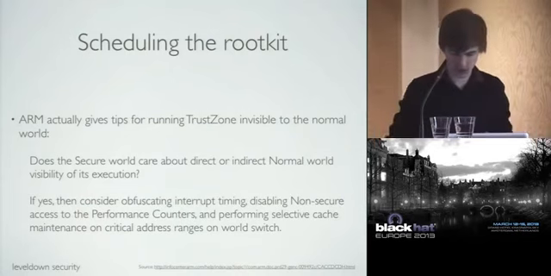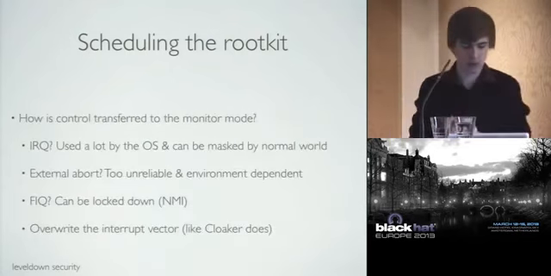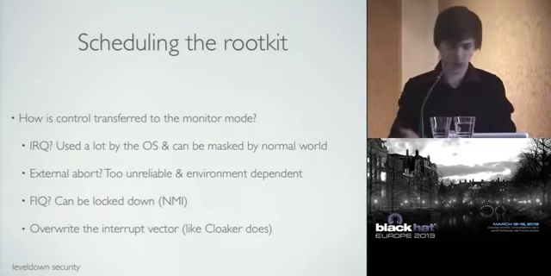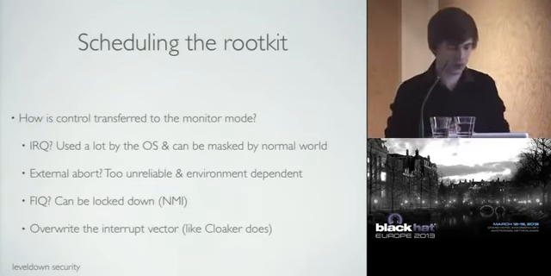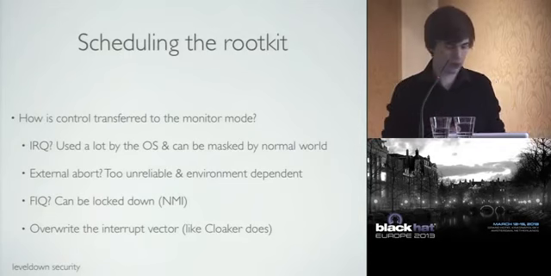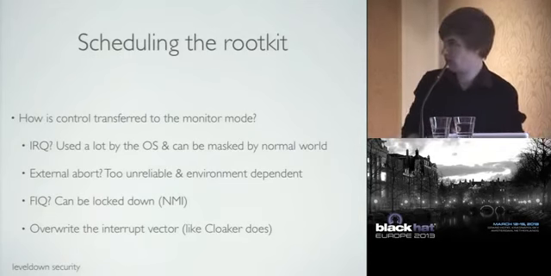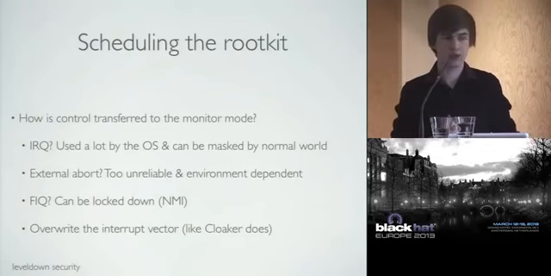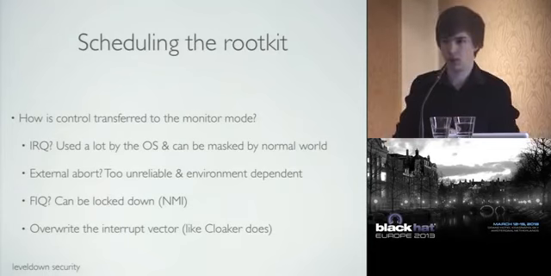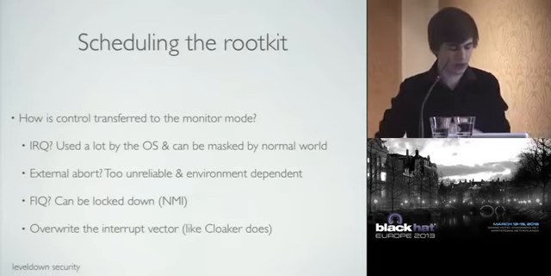And cache maintenance, but we'll come to it later. So how do we get from the operating system into the rootkit without help from the operating system? We could use standard interrupts. They are used a lot by the operating system because, for instance, system calls might be implemented using the standard interrupt facility.